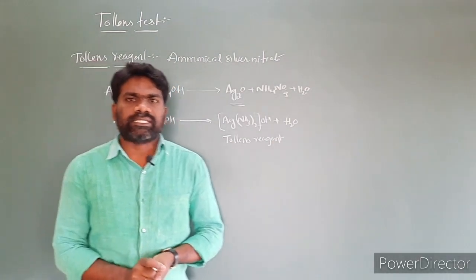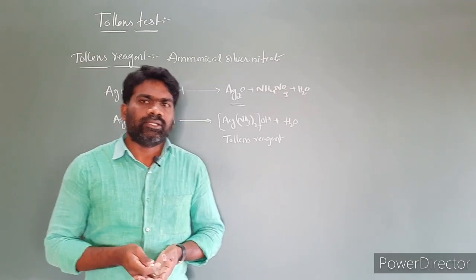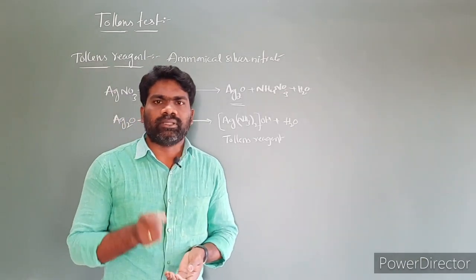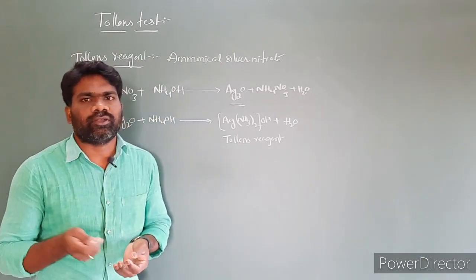Then what we have to do next is take this Tollens reagent in a test tube and add aldehyde to it. On warming, a silver mirror is formed on the walls of the test tube. Based on this we are able to identify aldehydes.